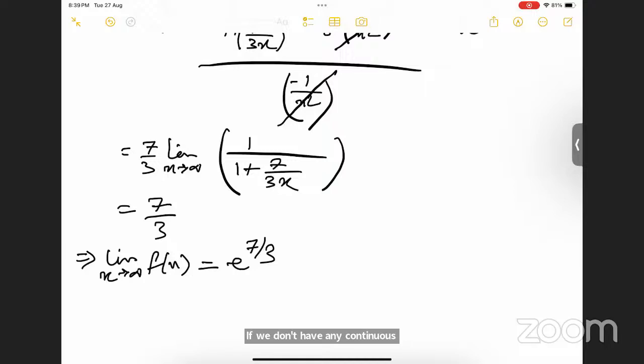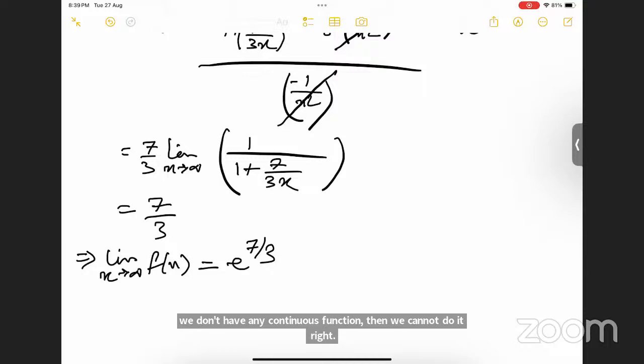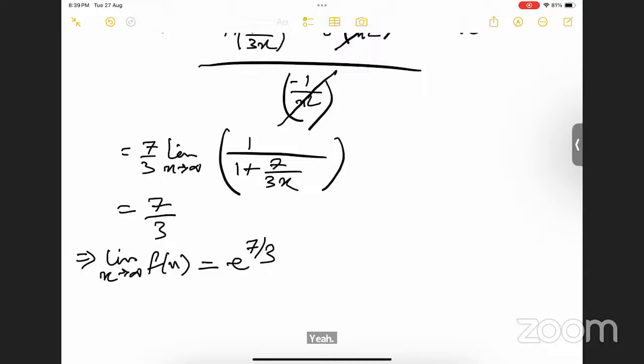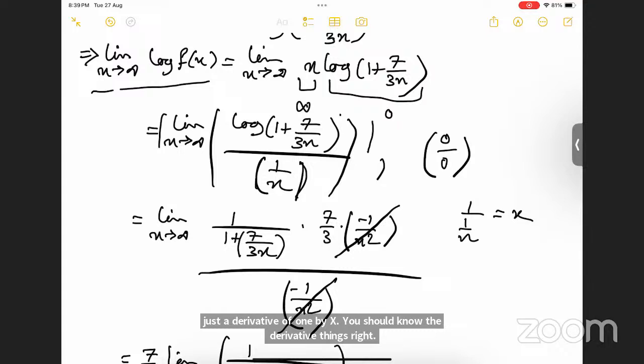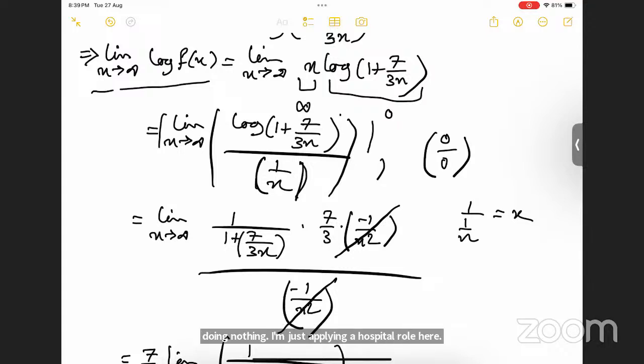Ma'am, can you please explain how -1/n square has come? It's just the derivative of 1/x. You should know the derivative things, right? I'm just applying L'Hospital rule here. Derivative of 1/x is -1/x square.